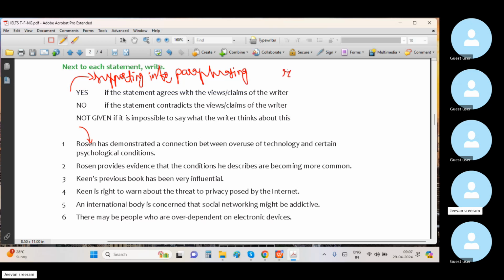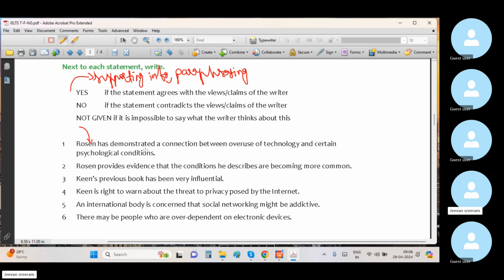If you are able to find supporting information in the passage for the given statement in the questionnaire, or if the given statement is a paraphrased version of any idea given in the passage, that must be tagged as yes. So if the statement agrees with the views or claims of the writer, of course you can clearly see what the author says in the passage. Agreeing with it means there must be supporting information and a paraphrased version. The statement is actually a paraphrased version of the idea given in the passage.